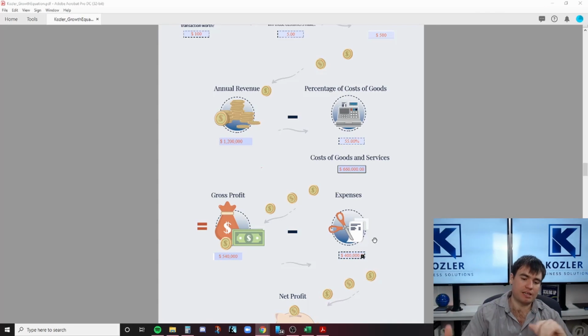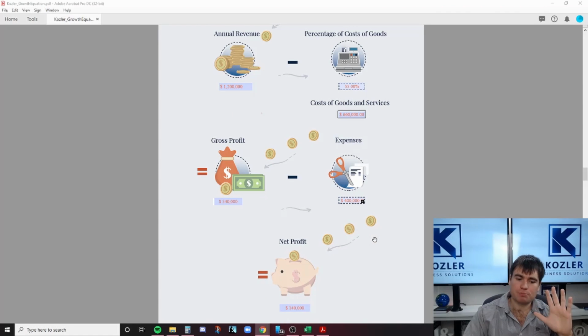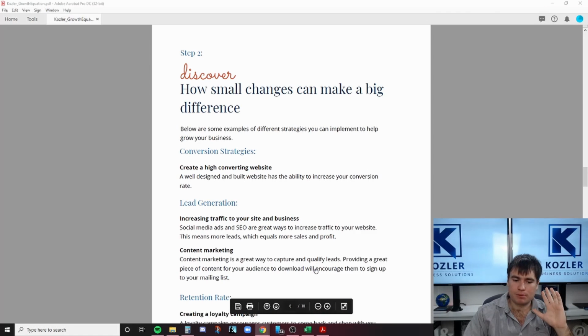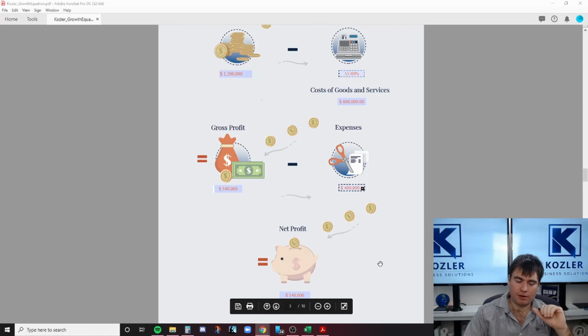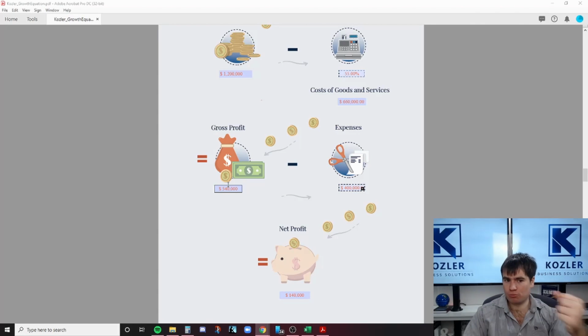So they're spending that on wages, like I said, insurance, rent, things like that. So this business is making a net profit of $140,000. So if you take the gross profit that you made after you minus your cost of goods sold off your revenue, and then you minus the expenses or your overheads off your gross profit, that will get you your net profit.